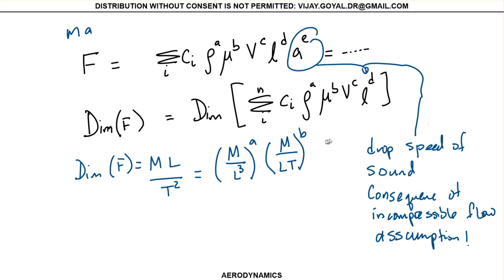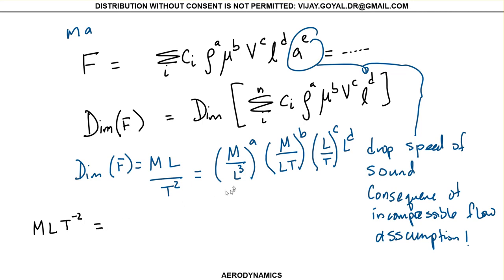And then my velocity is nothing else than length divided by time, and my length is L over D. So now what we need to do is rewrite this whole equation to find these coefficients. So the idea is to compare the left-hand side with the right-hand side. To do this, I'm going to rewrite this whole equation in the following form.